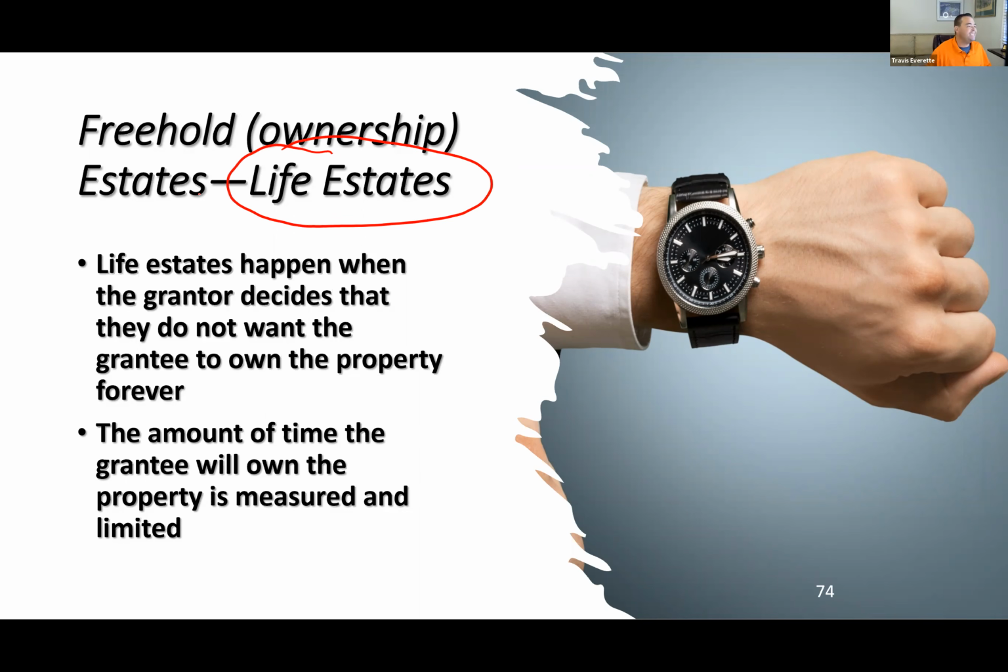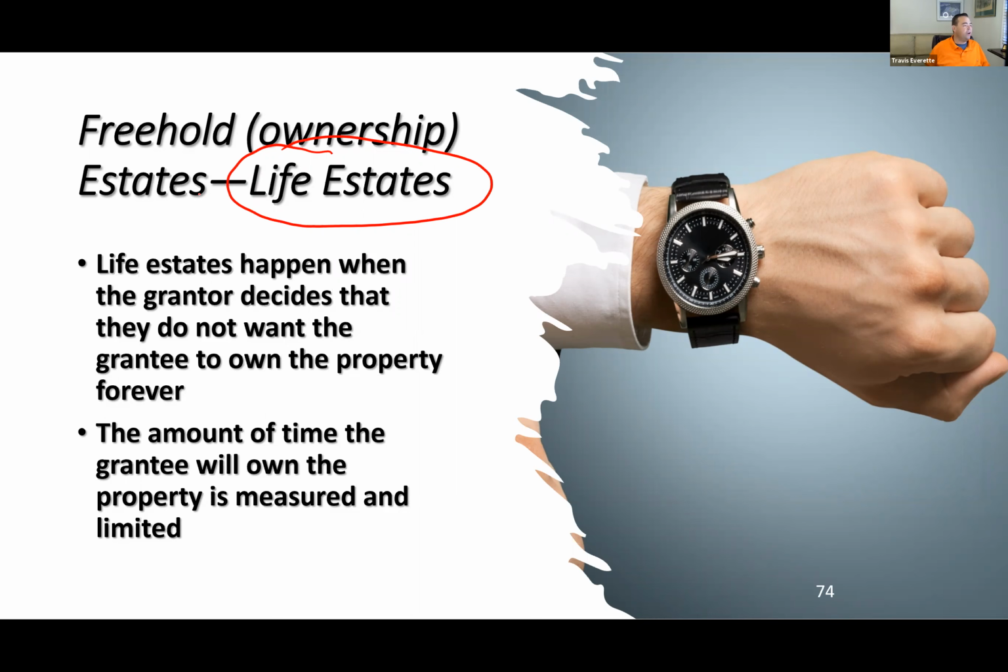Who is dictating in advance the maximum amount of time that Patty is allowed to own this property? The grantor. The grantor who transferred ownership to her on her deed. The person who signed ownership over to her is dictating right there on her deed.